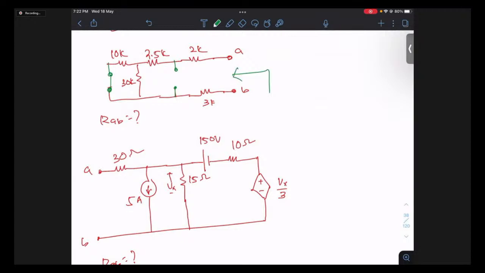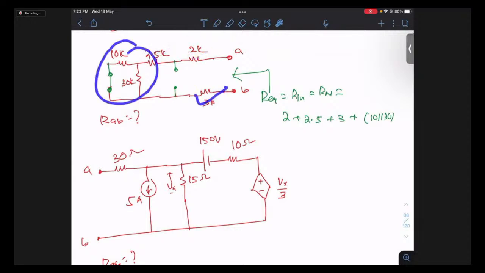From here, I hope you agree that these two are in parallel, and then overall it is in series with this and this. So if I ask you what is your R equivalent, which is the same as R Thevenin, which is the same as RN, this is given by 2 plus 2.5 plus 3 plus 10 parallel with 30.